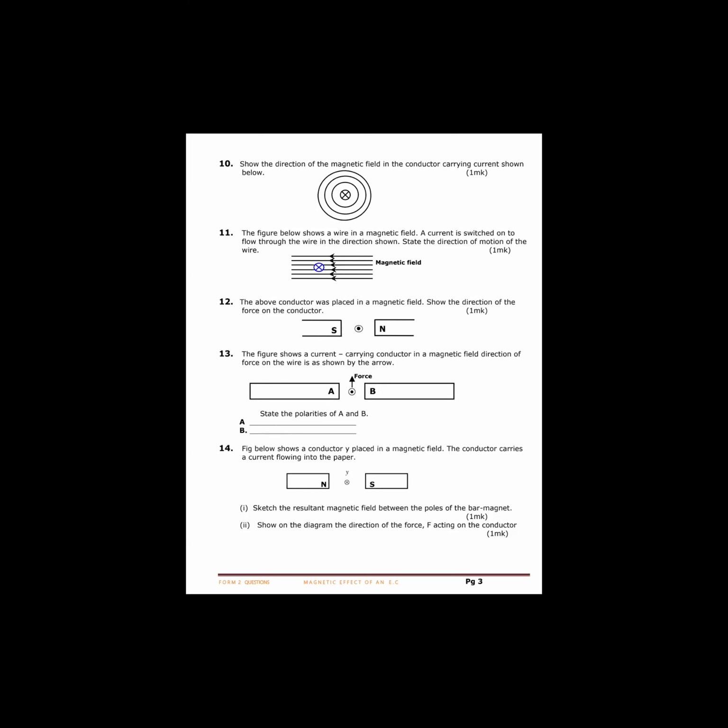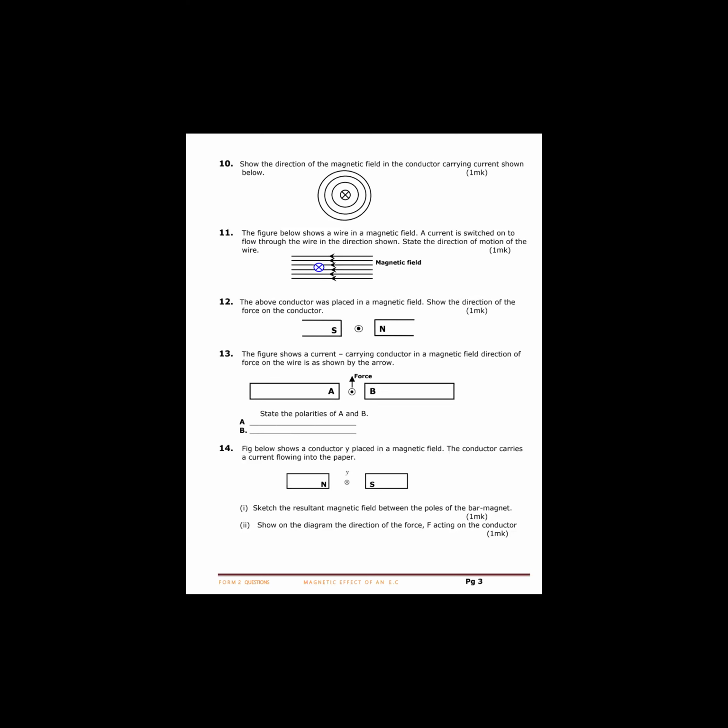Let us now consider question number 12. We have current moving upwards and we have the magnet, meaning we expect magnetic fields in that diagram.